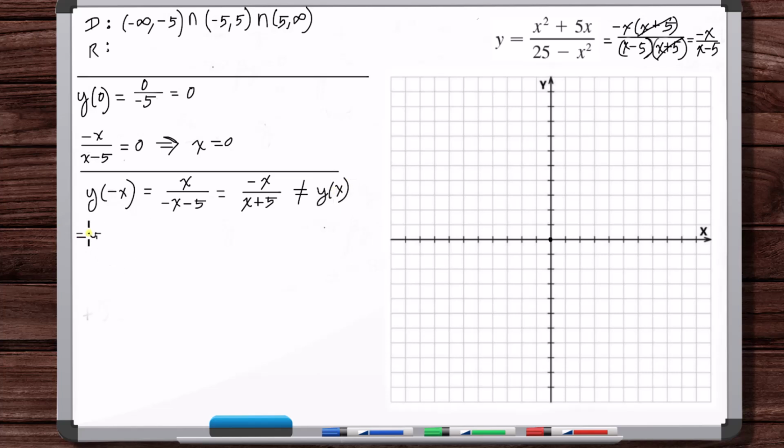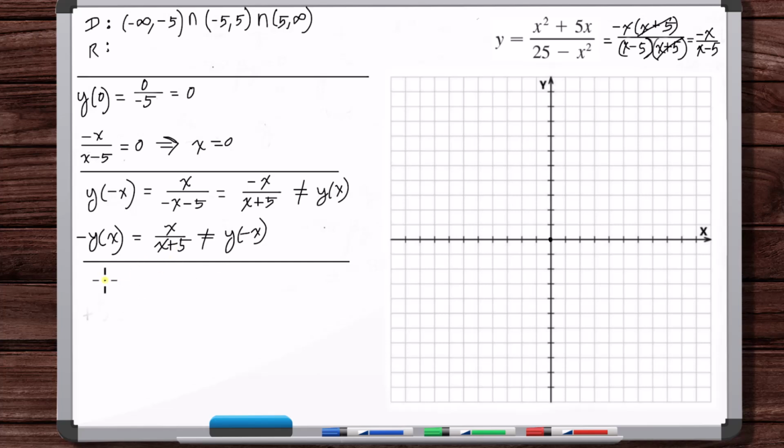Okay, what about, is this an odd function? So this would be x over x plus 5. And this is not equal to y of minus x, as we can see. Okay, and then this is not going to be periodic either. We know rational functions aren't periodic.